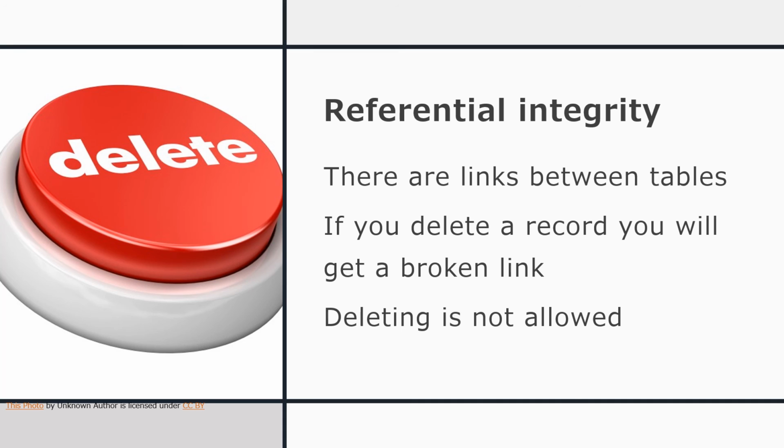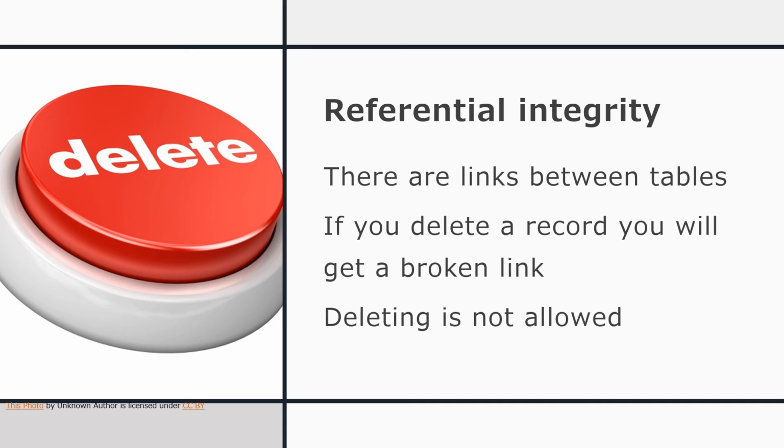An important issue which arises here is referential integrity. This is because each table has got links to other tables, references. So for instance, the order form has got the customer code, which is a reference to the customer table.